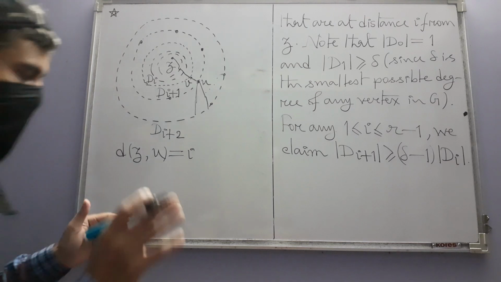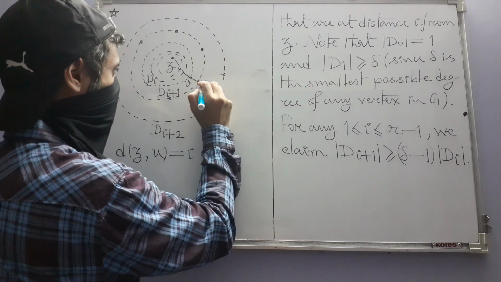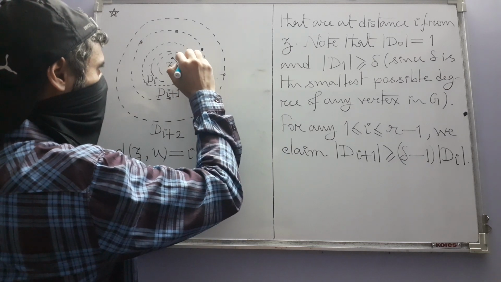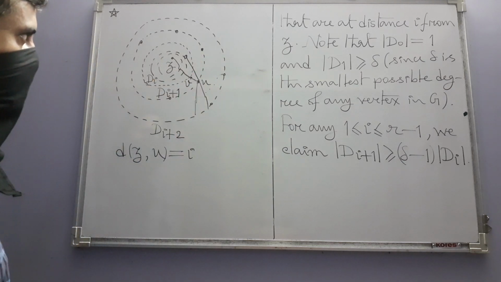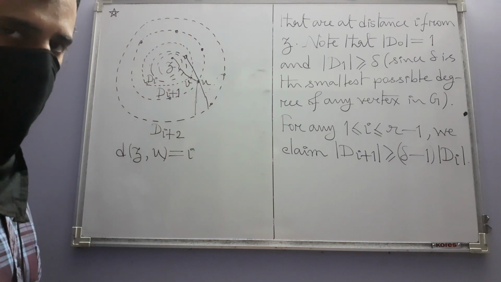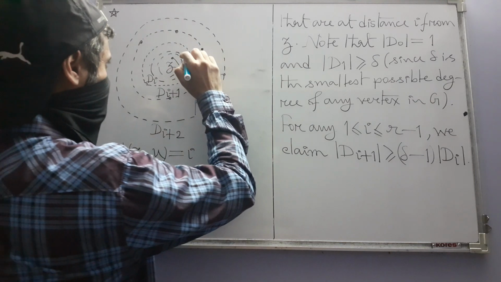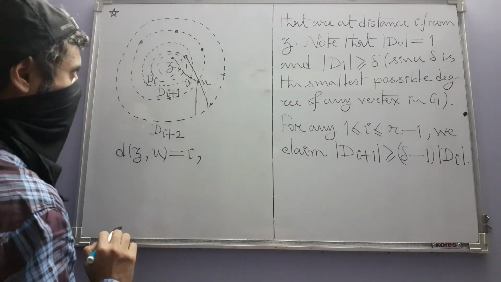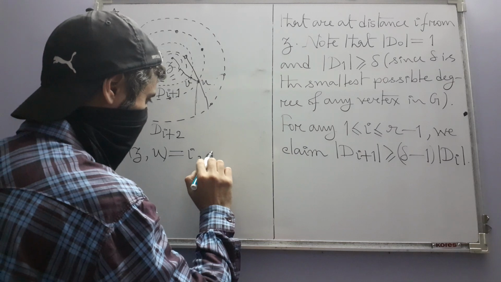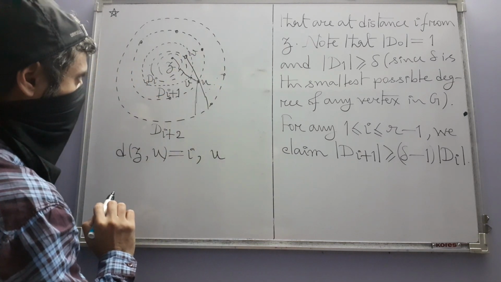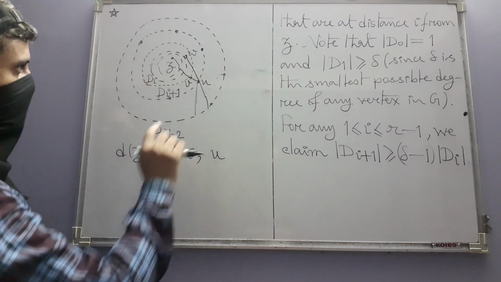So now our supposition is this: U is adjacent to V, but say U is also adjacent to something else in the inner part of this diagram. Let me call this vertex W. So is the figure clear?